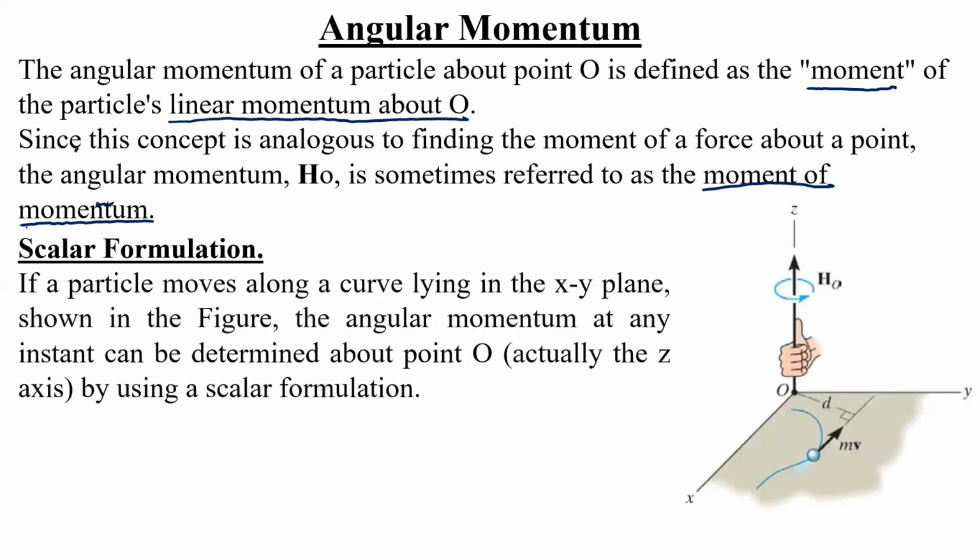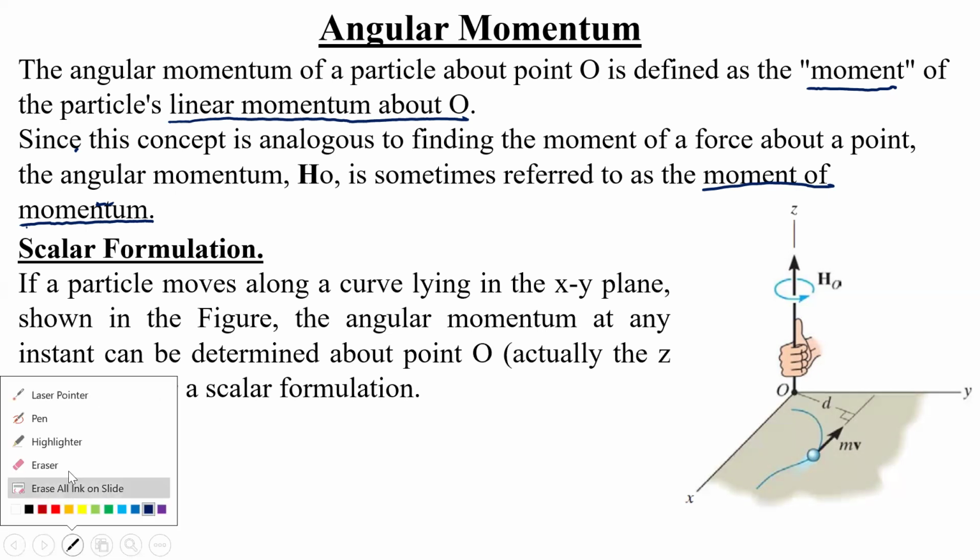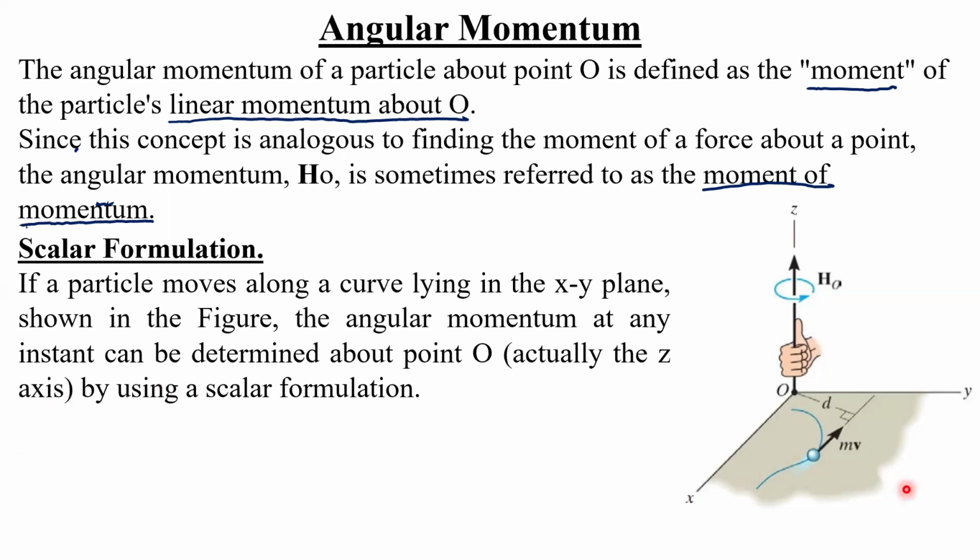If a particle moves along a curve lying in the XY plane, as shown in this figure, the angular momentum at any instance can be determined about point O. Actually, that's the z-axis, by using scalar formulation.